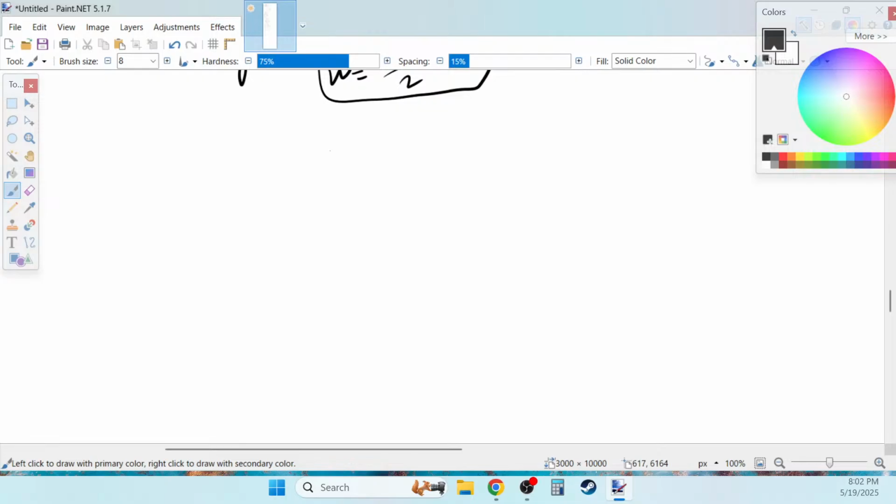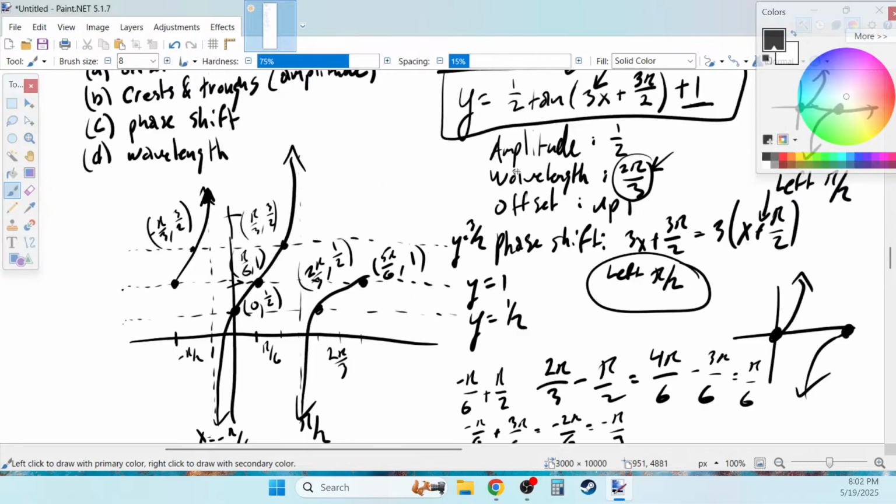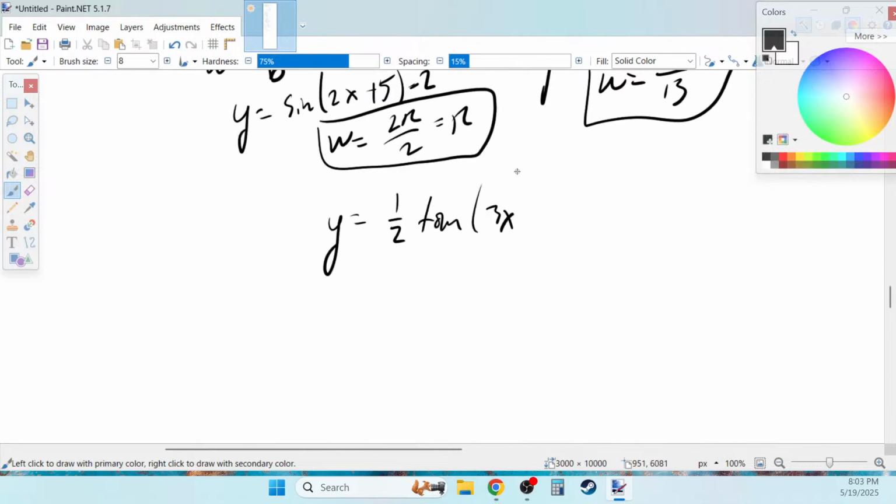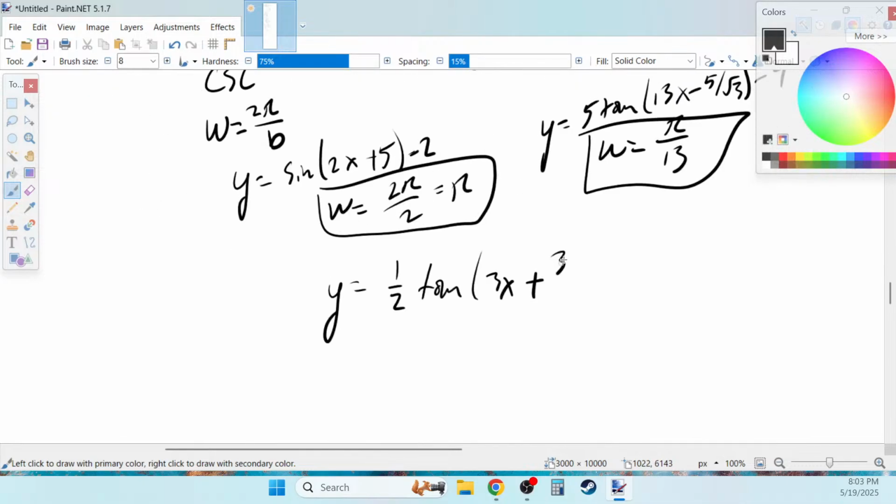It was y equals 1/2 tangent of 3x plus 3 pi over 2 plus 1. So to calculate the wavelength, we're just going to look at the coefficient on x. We get pi over 3.